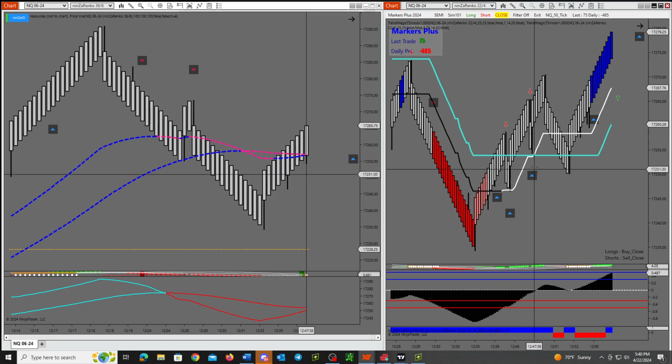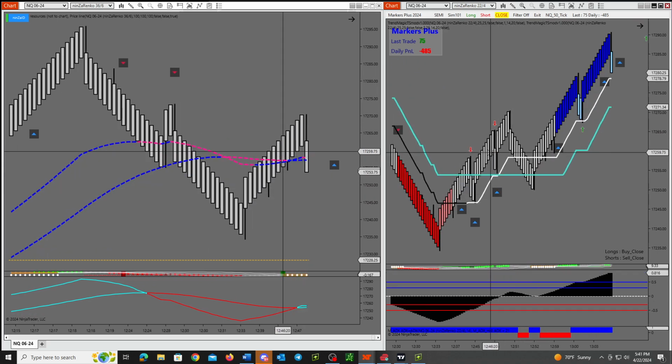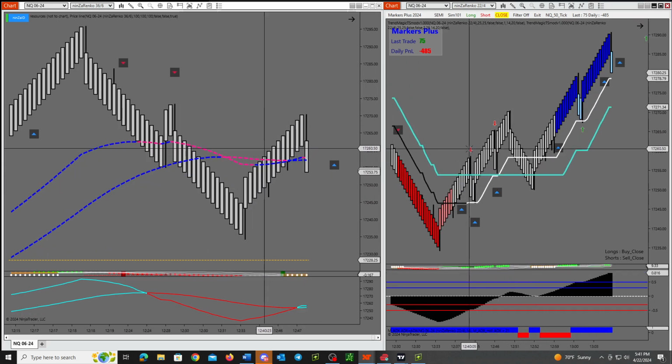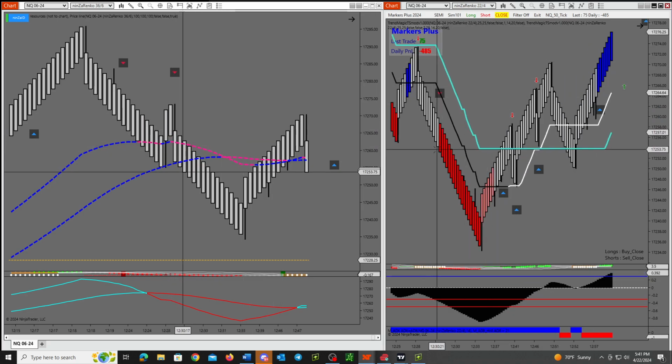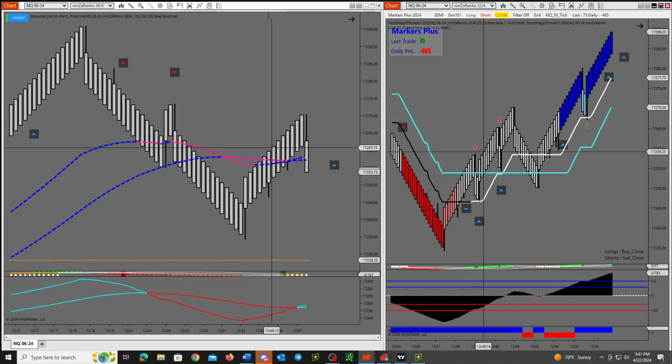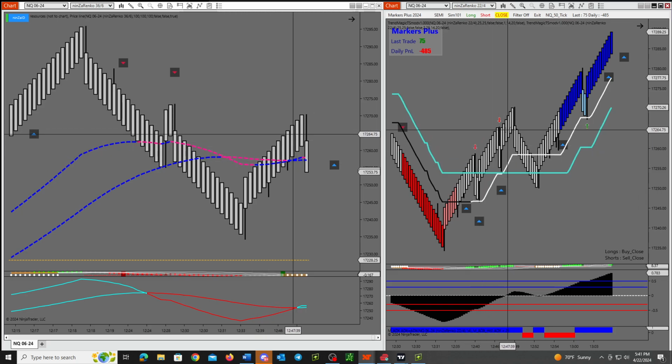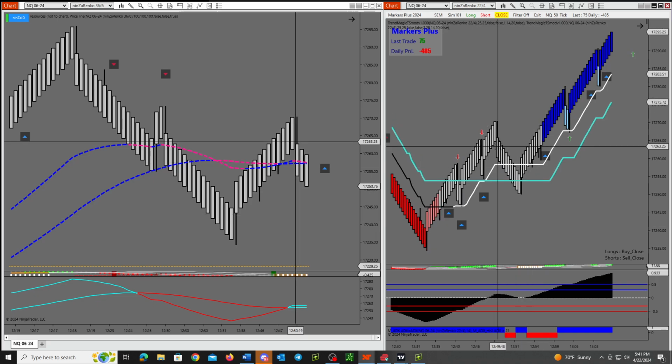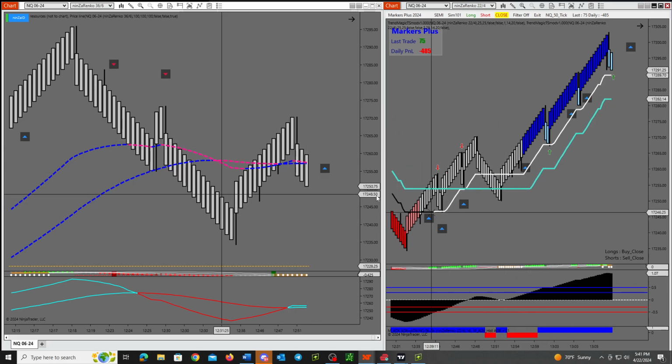You'd get stopped out. I think this is where I took some stops right here in the sim account. Yeah, I'm almost certain it was. I missed this down move here, but I got stopped out here, and I think I got stopped out right there. So anyway, that happens. That definitely happens.